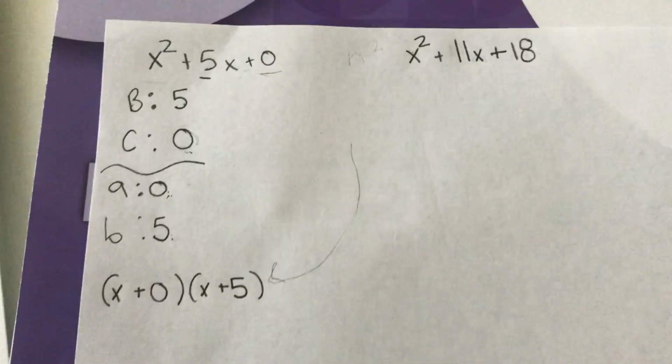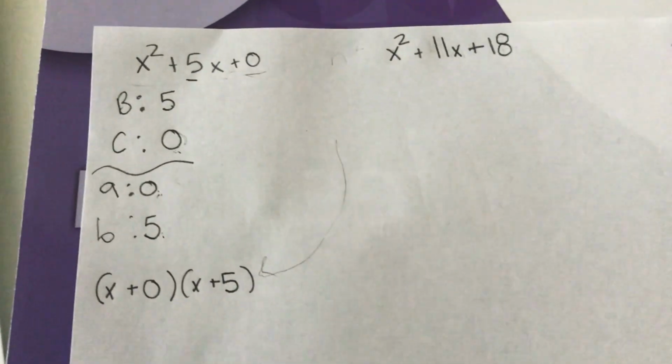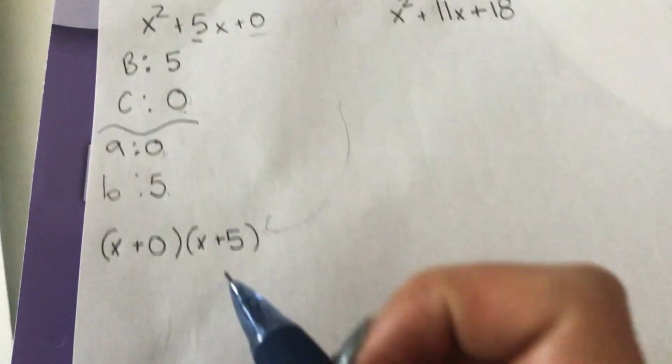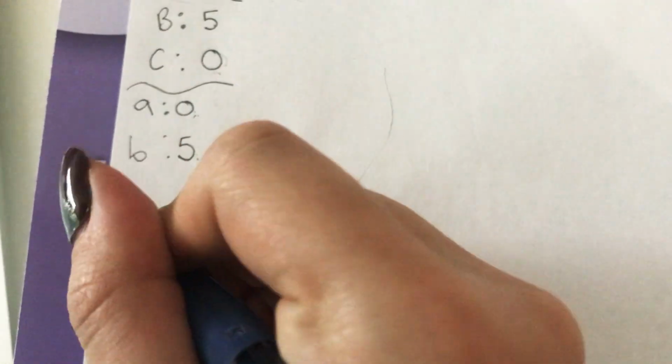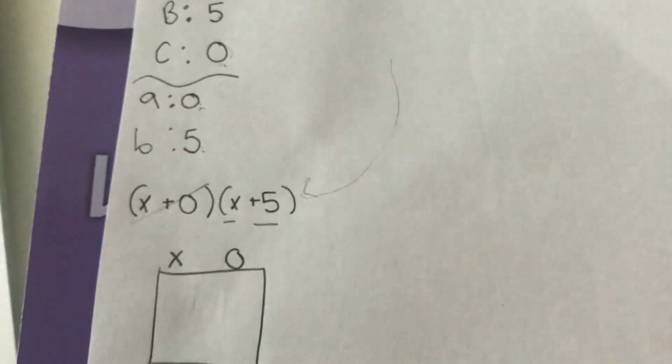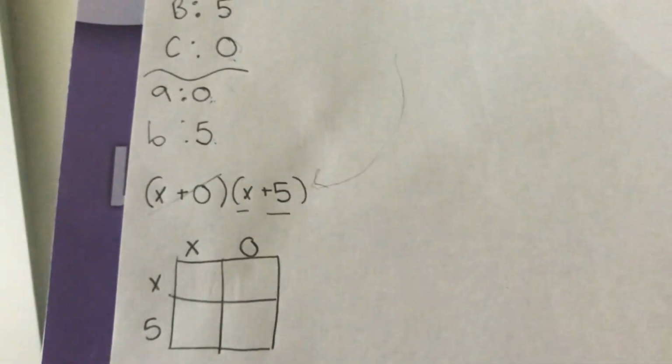But what we need to do now is check our work using box method or distributive property to make sure we factored it correctly. So I'm going to quickly go ahead and use my box method. I have x, I have a 0, I have x and a positive 5, so I'm going to label the other side. And I'm going to use my box method to multiply it out.